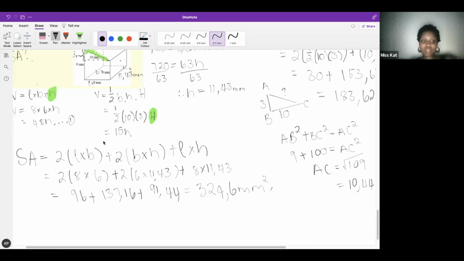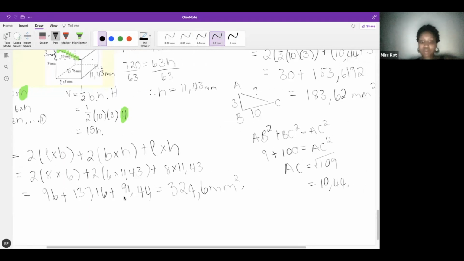Okay, I am correct. So then the total surface area, nice, thanks, Desmarie, is 324,6 plus 183,62. And that gives us how much?